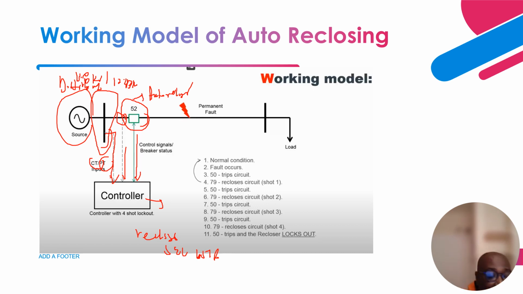Remember, the 52A contact provides the status of the breaker: the 52A tells you that the breaker is closed, and the 52B provides indication that the breaker is open. These are all the inputs that go to the controller, which is located at the lower part of the pole. The auto recloser is located on top of the pole.